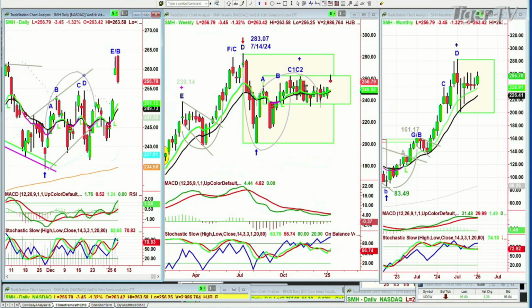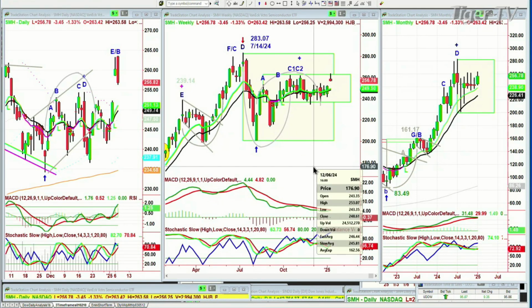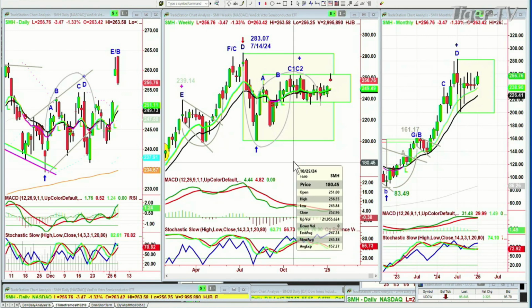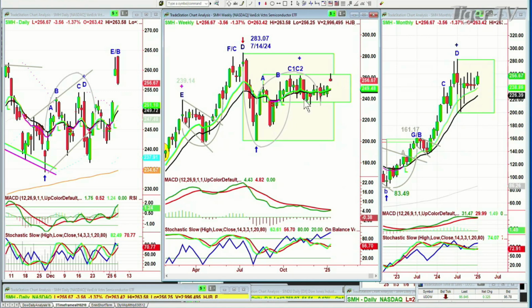And I spoke about this, that in this rectangle formation holding well, that peak C1, C2 was taken out just by a fraction today. We went to 263.58, and I think 262.26 was the high. So we've made maybe a leg D, or maybe it's a D/C. But in the meantime, it's holding very well. Okay, so those are the things.